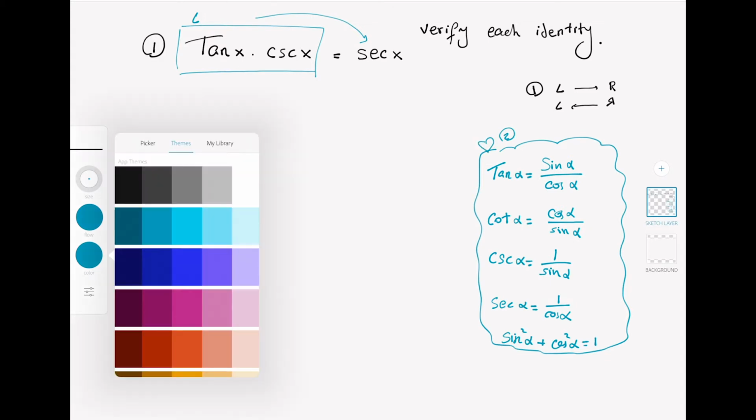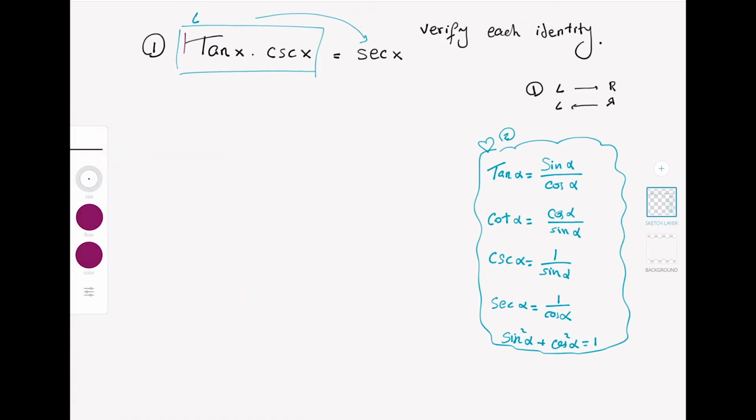So we have these tools. So let's start. Tangent of x multiplied by cosecant of x, we need to get secant of x. I'm going to make a line here. I'm going to start from the left hand side. Instead of tangent of x, I will write sine of x over cosine of x.